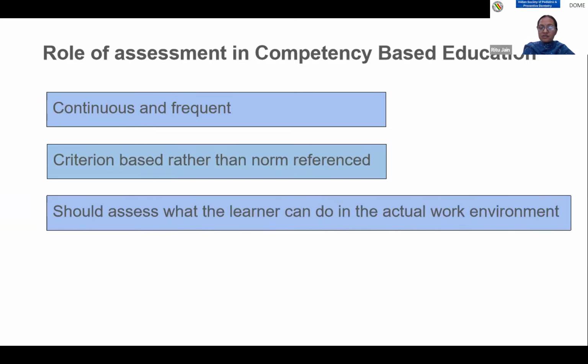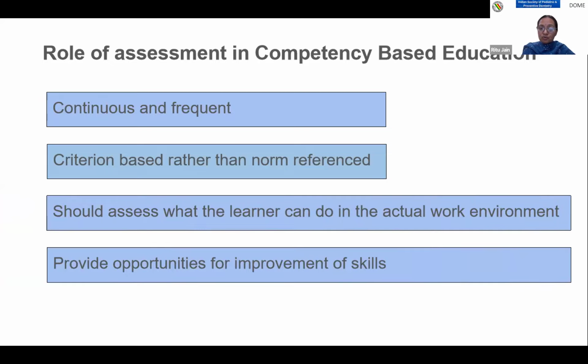It should assess what the learner can do in the actual work environment. So that means we need to generate evidence of the competence of the student, and that can happen in the actual workplace environment. It should provide opportunities for improvement of skills, and a good assessment should always help the student improve his competence to go from one level to the next level.